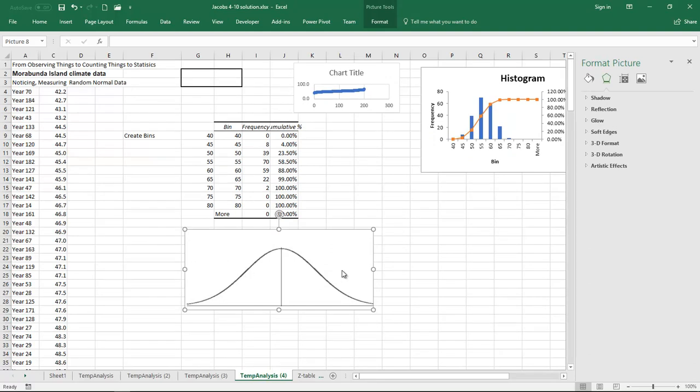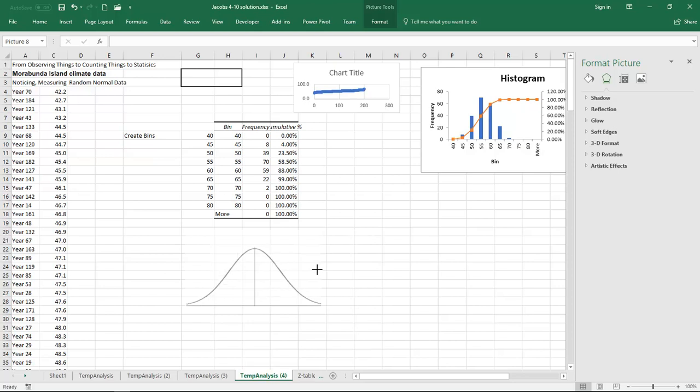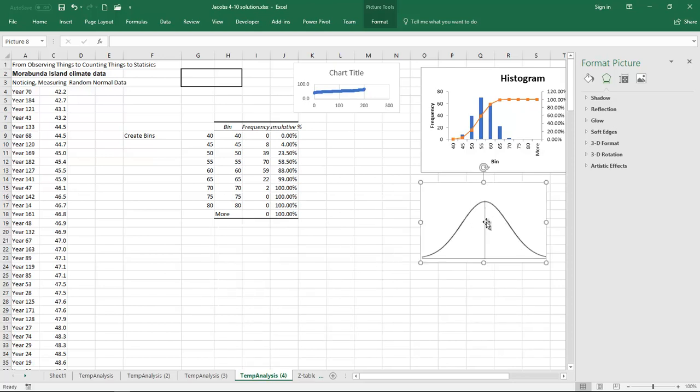So to continue, I've brought in an image of the normal distribution, so it's not my handwritten version of it, but you can see this is the perfect shape. We had the sense that in our data, when we classified our data within 5 degrees Fahrenheit bins, the data started taking on this normal distribution look to it. Okay, so let's calculate that now.